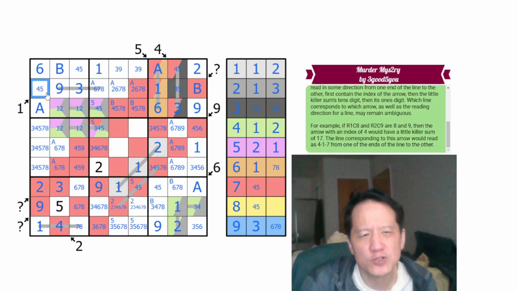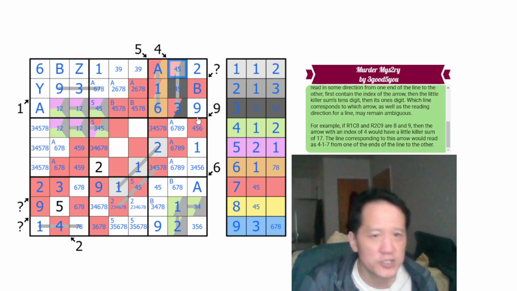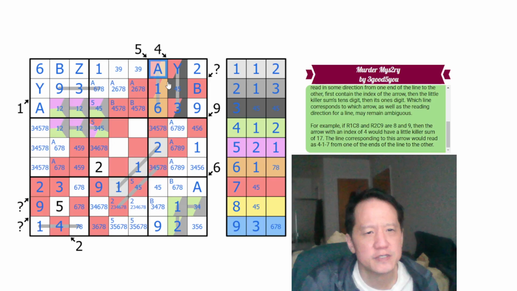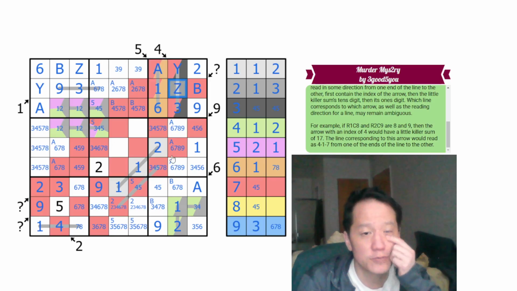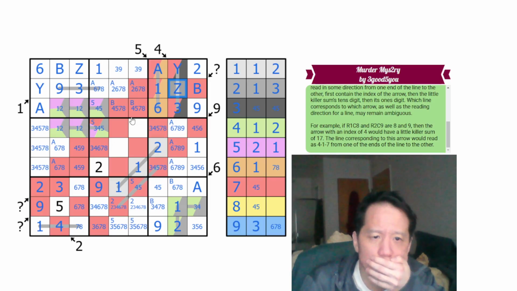The A corresponds with, sorry, the B corresponds with this, which means, well, let's make that a Y. The A corresponds with that to add up to 12. So this makes it as Z. So this is B and Y to add up to 12. This is A and Z, which adds up to 12 also.